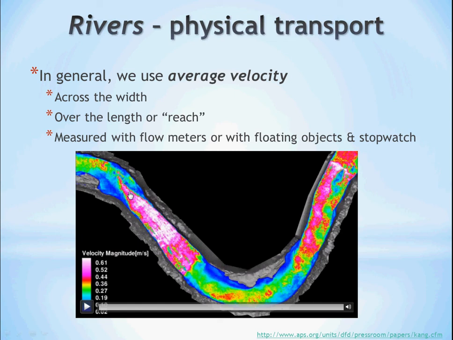It could be just here, or this entire length, or more than that. To get average velocity, you take several measurements along the area you're interested in with flow meters, or if you're really low tech, floating objects and a stopwatch work fine too. And just average all of those measurements to get your average velocity.